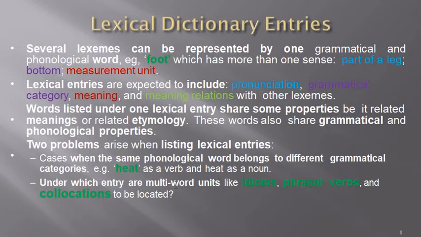So when we talk about entries of lexical items in dictionaries, there are two problems: what to do with words which are the same phonological words but have different grammatical categories, and what about those words which are basically multi-word units?